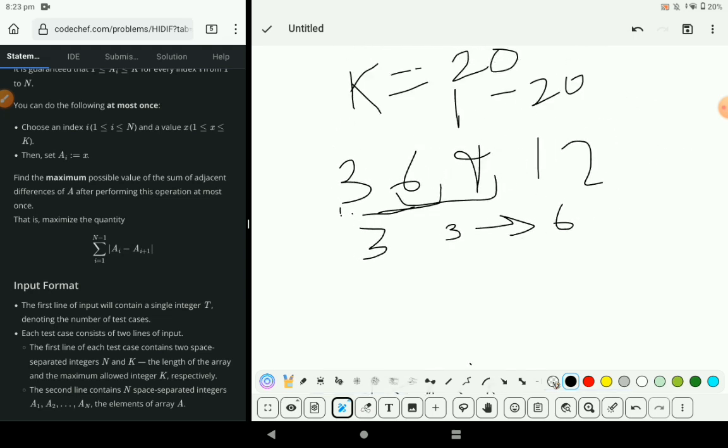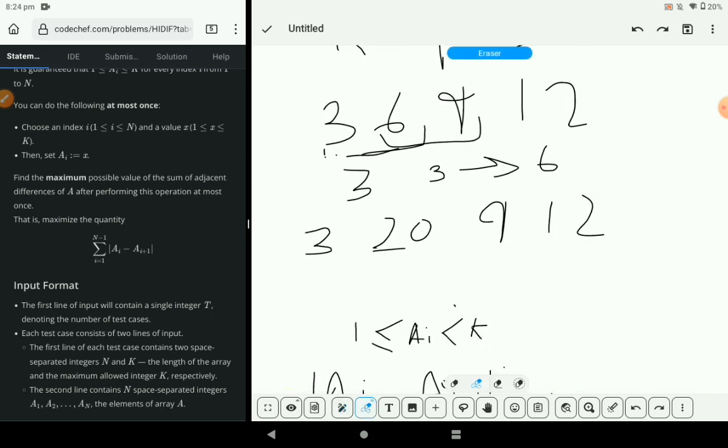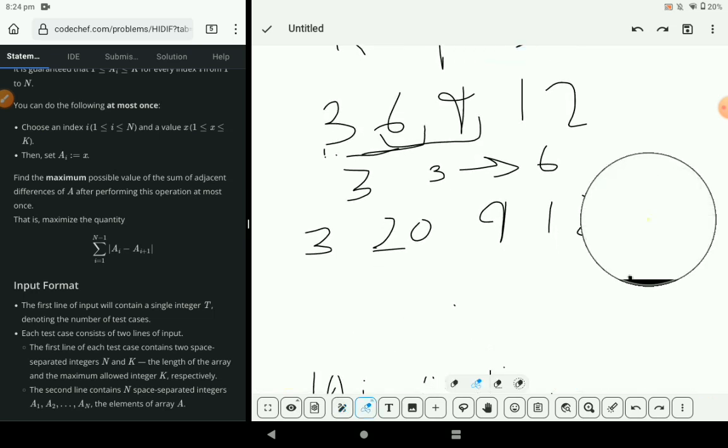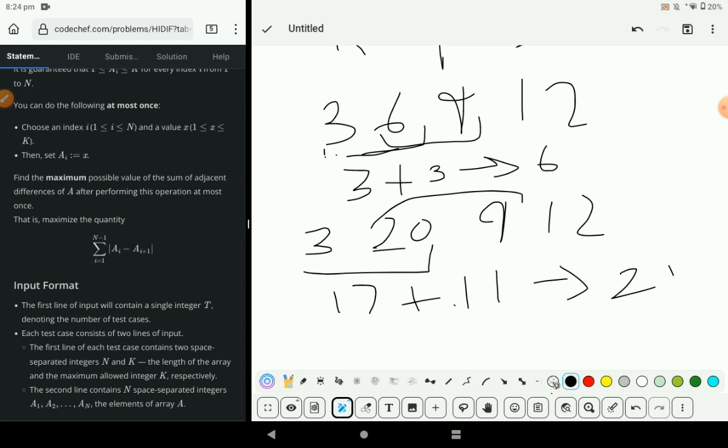Now we swap the 6 with 20. So 3 20 9 12. The differences will be 17 and 11, and their sum equals 28.